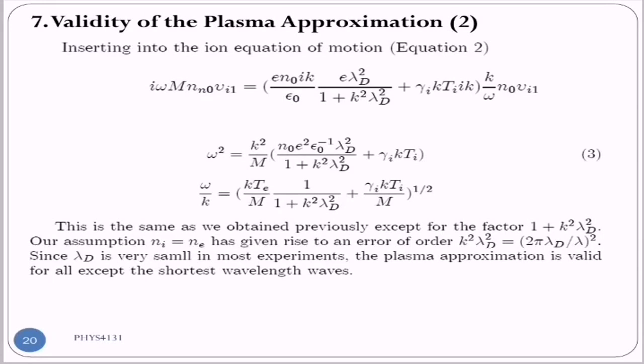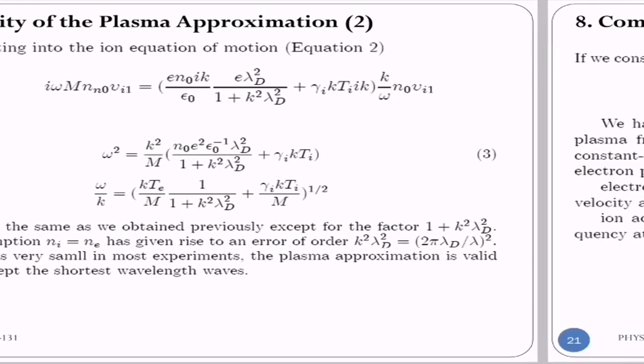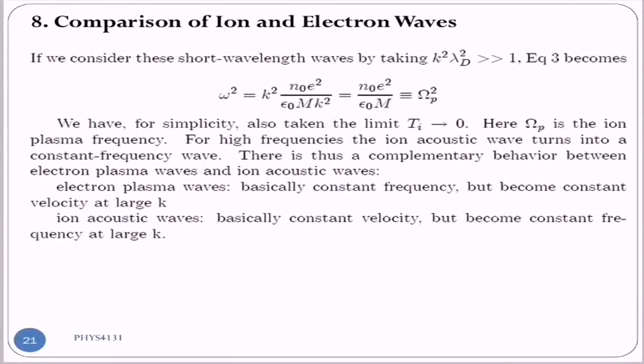If we assume that k squared lambda D squared is much greater than 1 and consider the short wavelength waves, then equation 3 becomes omega squared is equal to k squared n naught e squared over epsilon naught M k squared, and further simplifying it we get n naught e squared over epsilon naught capital M, which is equivalent to capital Omega p squared.